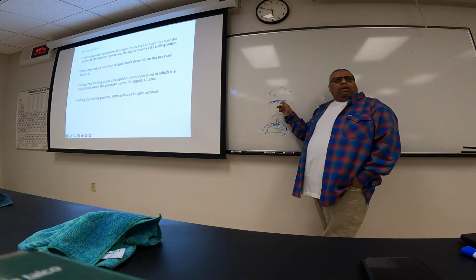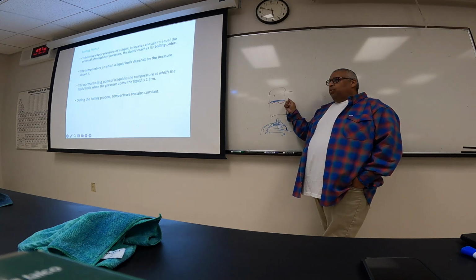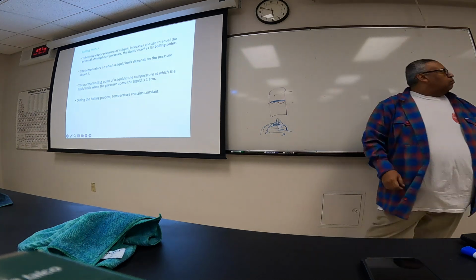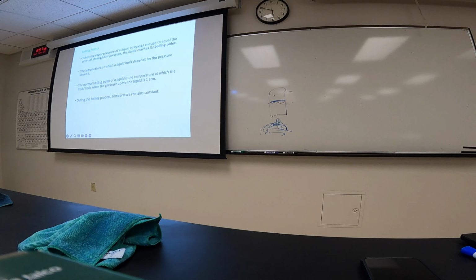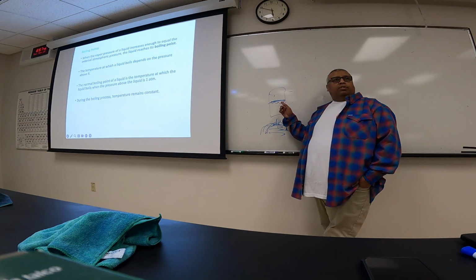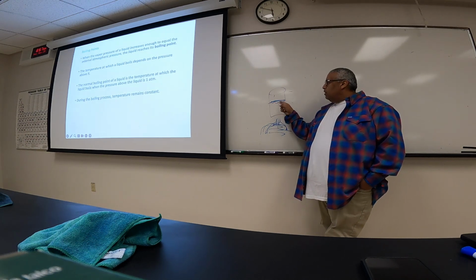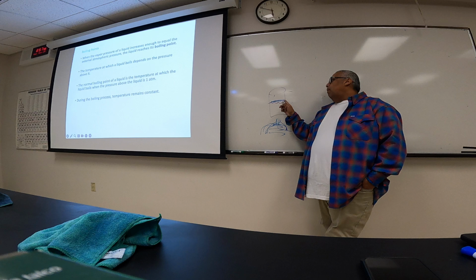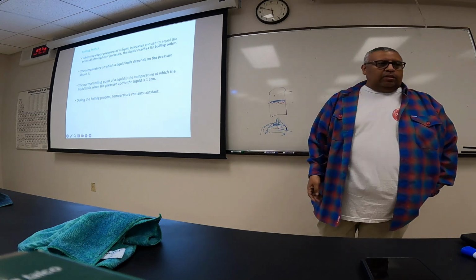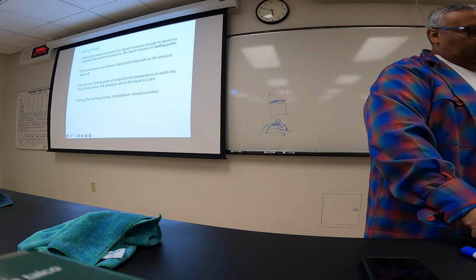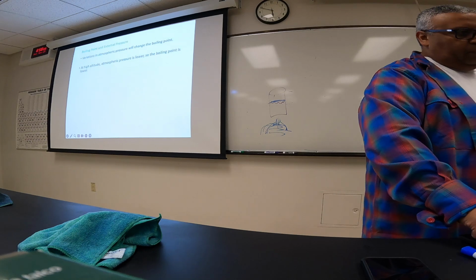So when this vapor pressure here increases to 695 millimeters of mercury, that's when it's reached its boiling point, right? We have to add enough heat to this, enough kinetic energy, where we can evaporate this and get this boiling. So when those pressures are equal to each other.